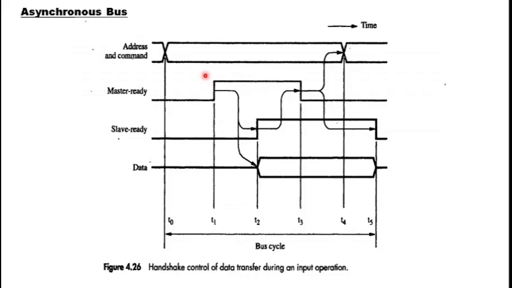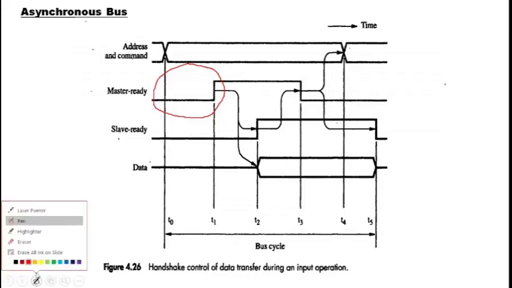So that delay is actually the delay introduced between t1 and t0. Due to skew we have introduced a delay. Okay, so this delay between t1 and t0 was introduced to avoid the problem of skewing of signals.